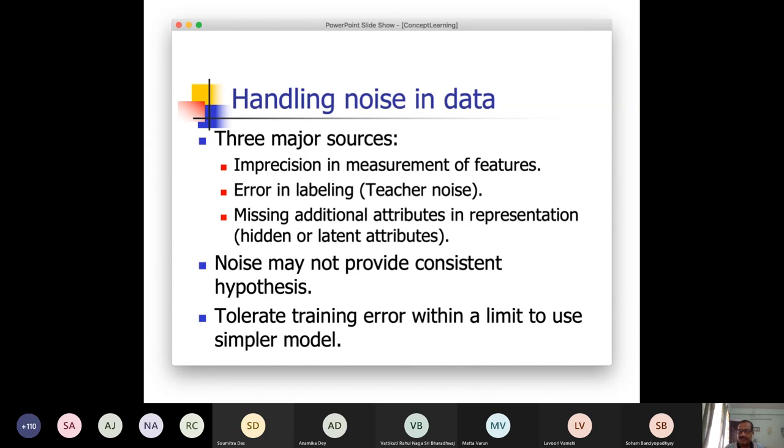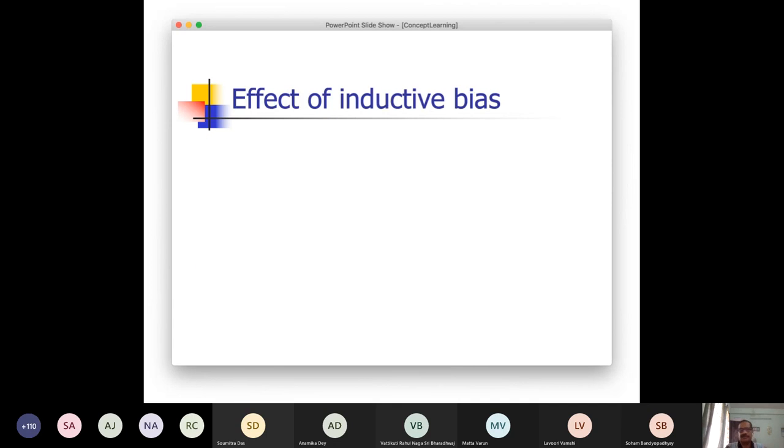This is a trade-off. You may get a consistent hypothesis with your representation, but since there is error in the training samples, though you can make your training error 0 by choosing a consistent hypothesis, your generalization will fail. So you'll get high test error or true error.